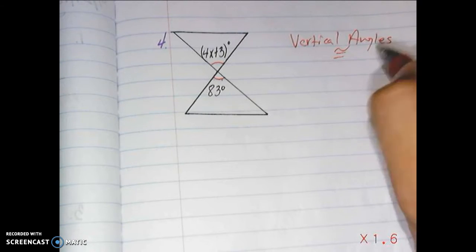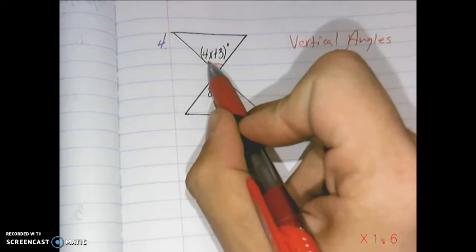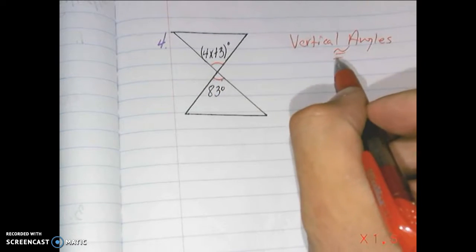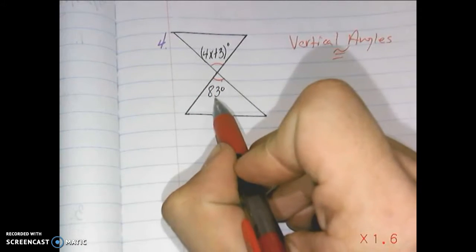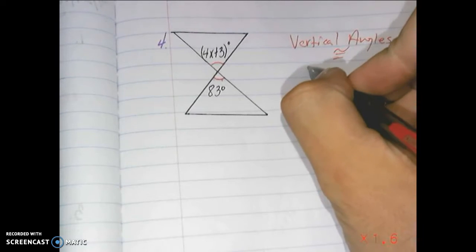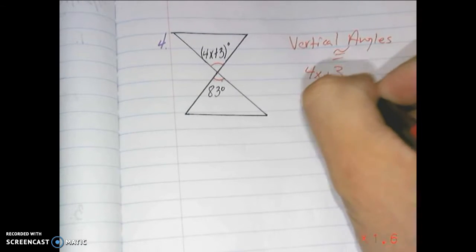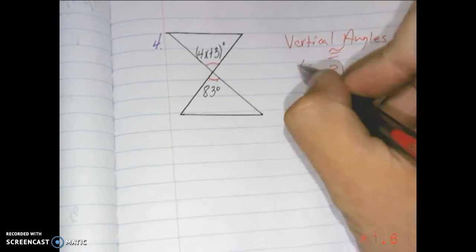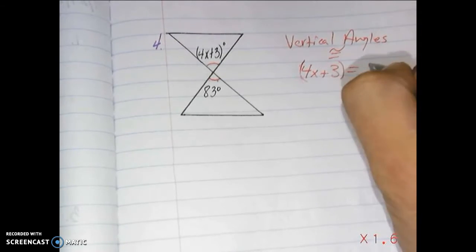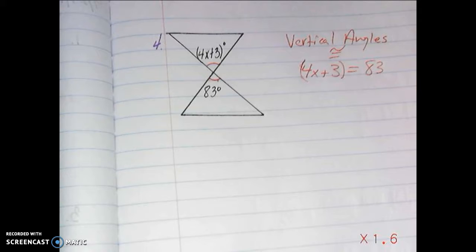And since they are congruent, then you would literally do 4x plus 3 equals 83 degrees. So let's go ahead and do that. 4x plus 3, leave it in parentheses, equals 83 degrees. Let's do our two-step.